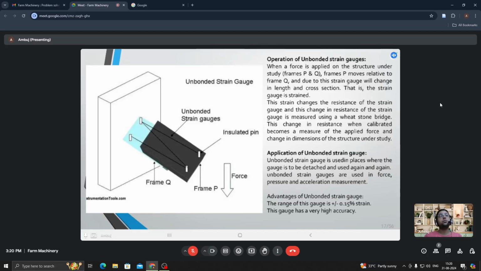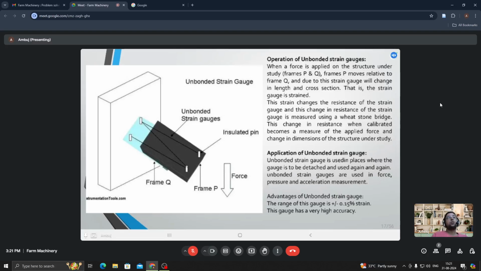Application of the unbonded strain gauge: it is used in places where the gauge is to be detached and used again, because two frames are there, so the straining and recalibration will not take place. If the straining happens in the entire strain gauge system, then we have to recalibrate the strain gauge.